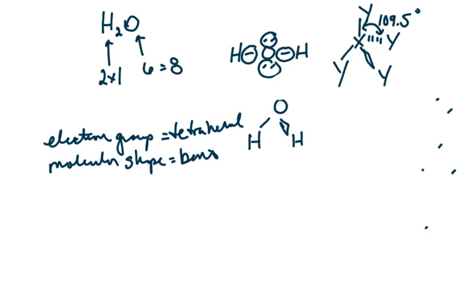So what happens is when you start adding lone pairs of electrons, that actually squeezes that bond angle slightly. So the ideal bond angle for a tetrahedron is 109.5. Well, these guys, when they have lone pairs like that, it's going to be less than 109.5 degrees.